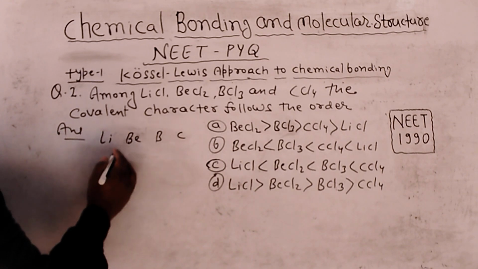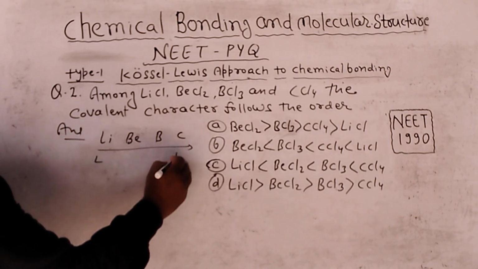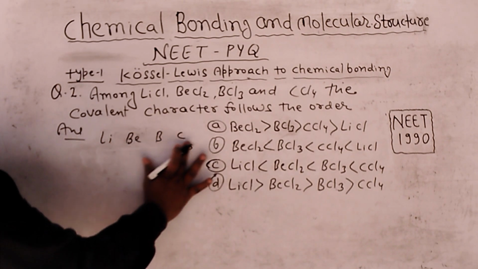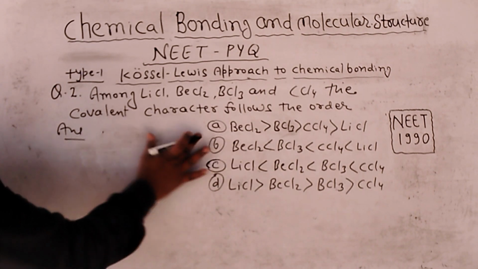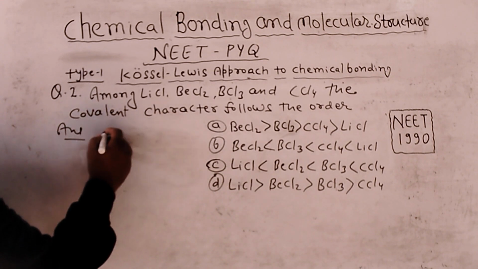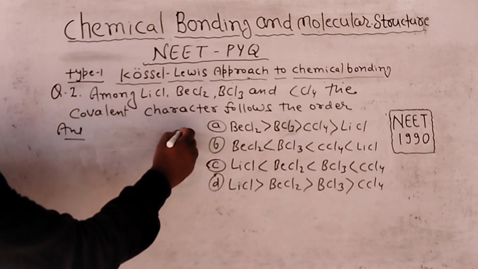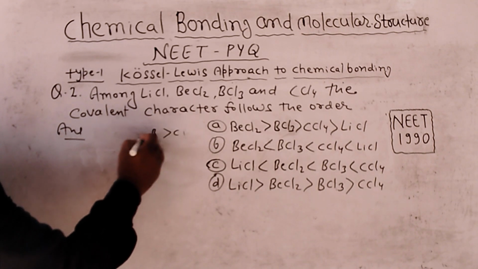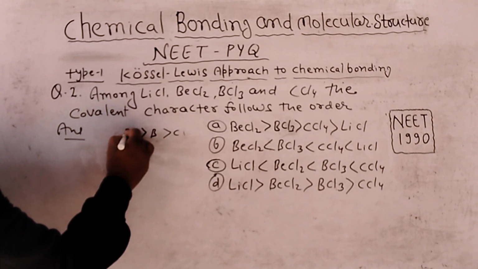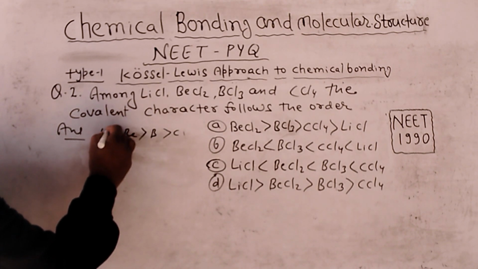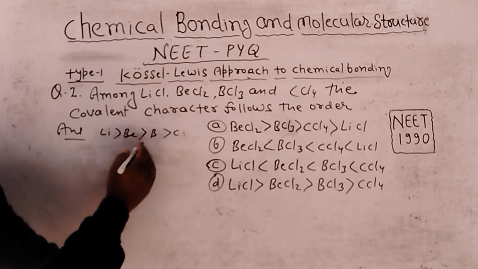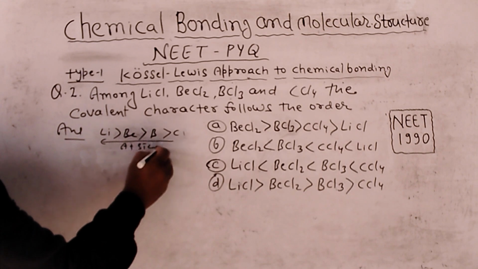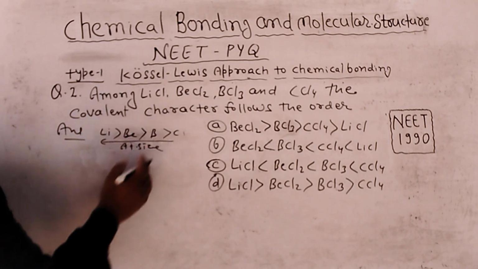So in the same period, from left to right atomic number increases and atomic size decreases. So the atomic size order is carbon, boron, beryllium and lithium. This is the order of atomic size of these central atoms.